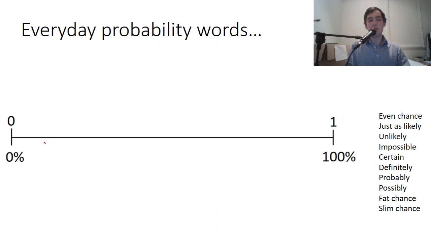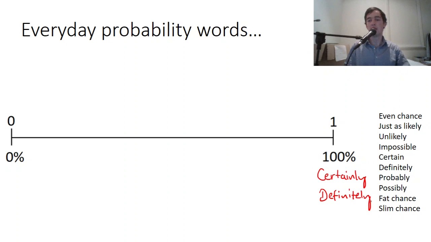So what I want to do is talk about this number line from 0 to 1, or 0% to 100%. And this is all talking about how likely it is for something to happen. So 100%, you can tell, I'm sure, is certainly going to happen. I might write certainly instead of certain, and we'll write definitely as well.